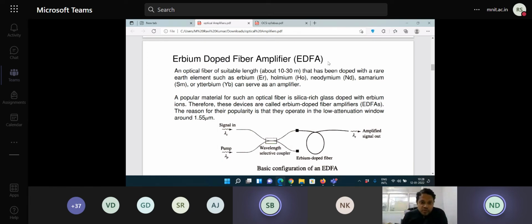What is the most basic reason for using erbium? Because one of the transitions of erbium is at a wavelength of 1.55 micrometers, which also corresponds to the lowest loss in an optical fiber.